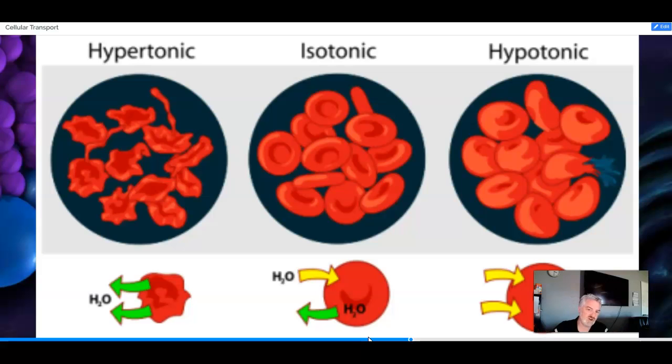So if you were to take a freshwater fish and put it in salt water, remember, they have a tendency to try to get rid of water in their kidneys, and then they're in that hypertonic environment, they're going to lose more water, and they will die from dehydration. You take a saltwater fish and put it into fresh water, remember, they have a tendency to conserve water and hold water in, and then they come into an environment where they're going to be taking in a lot of water. They will have a tendency to overhydrate, and they would die from that.